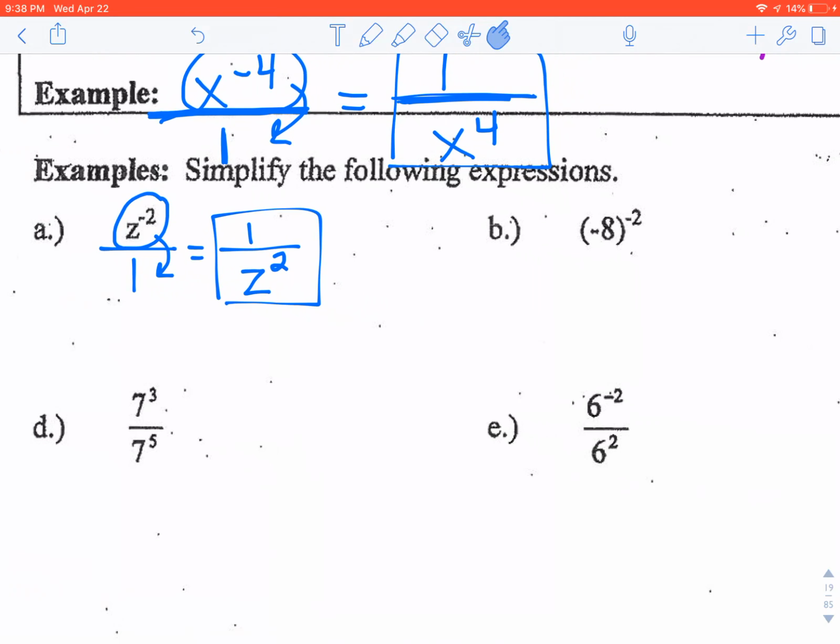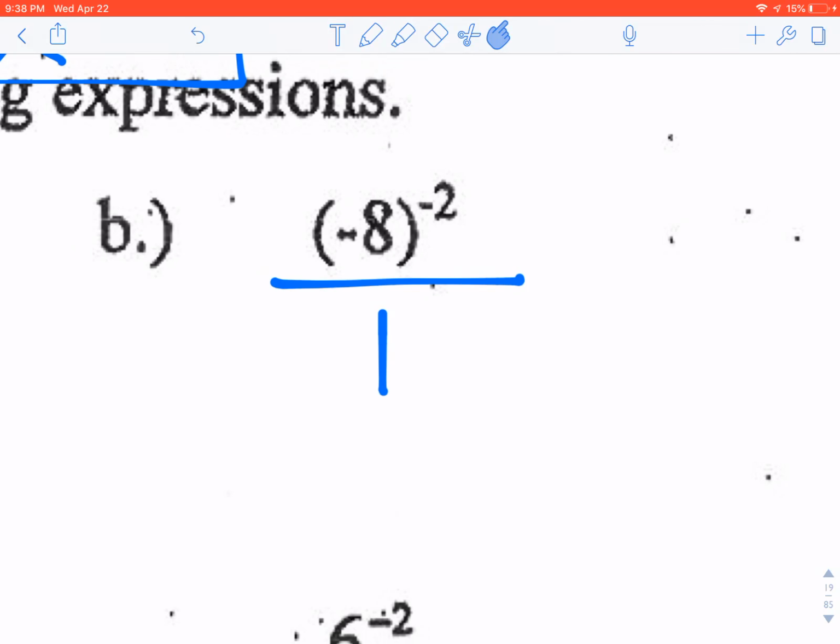That's your placeholder to say the entire answer is in the denominator. Okay, letter B also has a negative exponent, so let's make it into a fraction. Put it over 1. But the difference here is you now have a negative in front of the 8. We are not concerned about this negative. That stays there. You're allowed to have a negative coefficient in an answer. We are not allowed to have negative exponents.